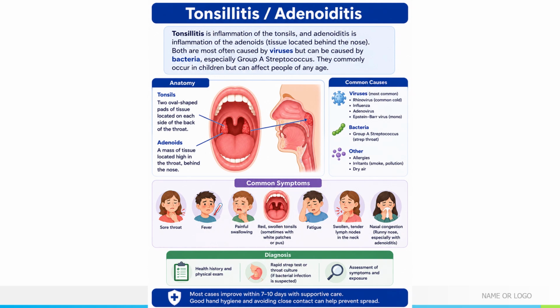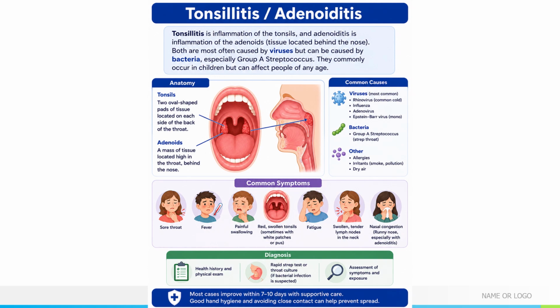Other less common causes here would be allergies, environmental irritants such as cigarette smoke or air pollution, dry air that irritates the mucosal tissues. Several factors increase the risk of developing tonsillitis or adenoiditis, including young age, particularly our school-age children, any close contact with infected individuals in schools or daycare settings, seasonal viral illnesses, any exposure to tobacco smoke, or a weakened immune function.